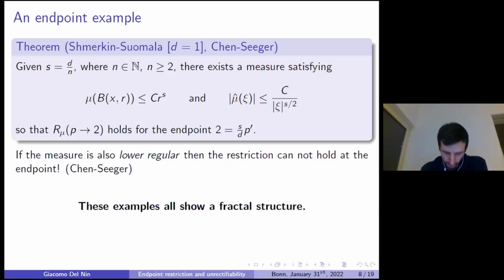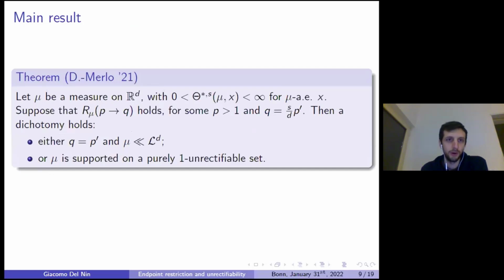And so the main result that I want to present is the following. It goes in this direction and tells that if we take a measure mu on R^d with positive and finite upper density, and so no requirement on the lower density, we suppose that the restriction holds at the extremal exponent.